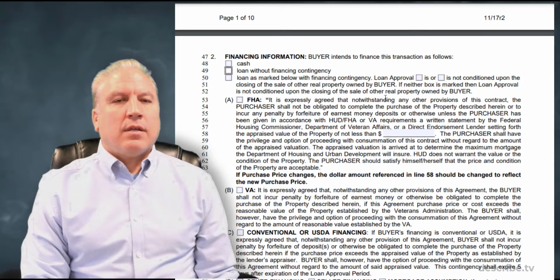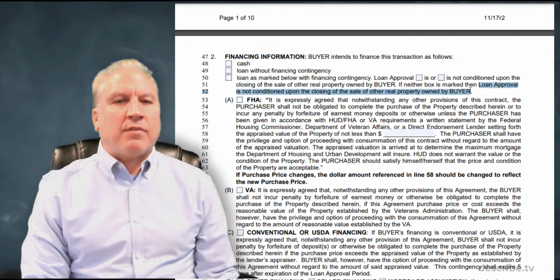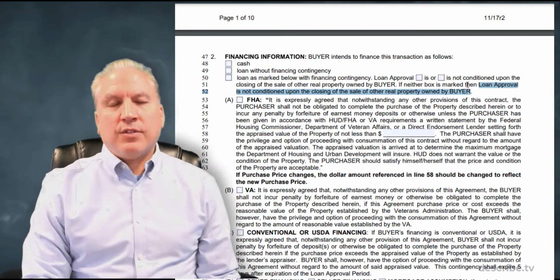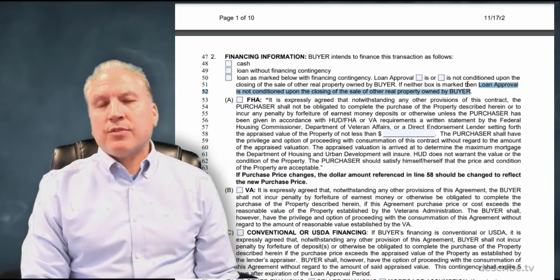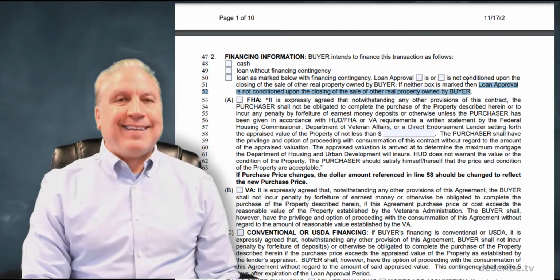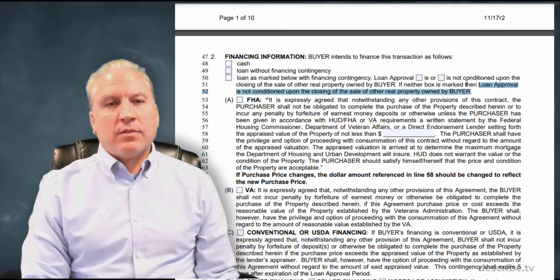And if neither box is checked, the loan approval is not conditioned upon the closing of the sale of another property, meaning that sometimes you can do a current property contingency. So if you're buying a new house and you're selling your old house, you can make it contingent upon you selling your old house first before you buy the new house.